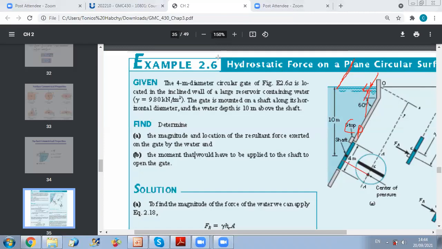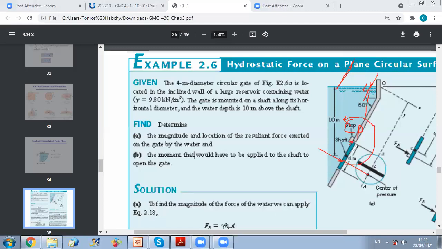So my force is acting at this point. It will tend to create a moment about this shaft here. You have a shaft here, and this is a stop. So the water is tending to create a moment about this point in the counterclockwise direction.